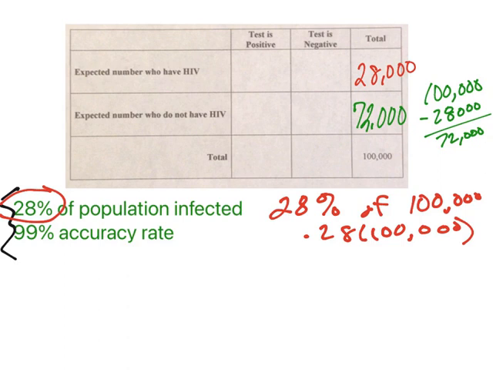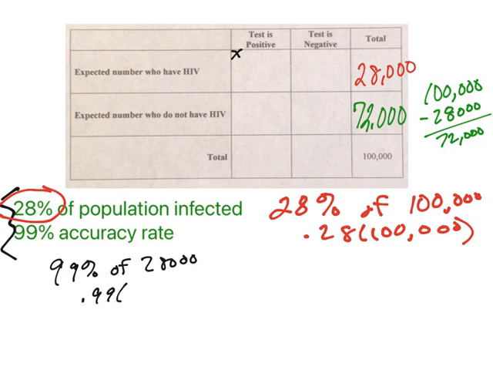Now we come to the accuracy rate. So if you have HIV, just think about this in terms of what this means. If I have HIV and I am being tested, I would expect to test positive. So that's where the accuracy rate comes in, because accuracy means correct. So that means 99% of the 28,000 people will test positive.